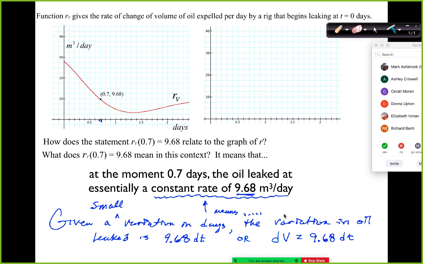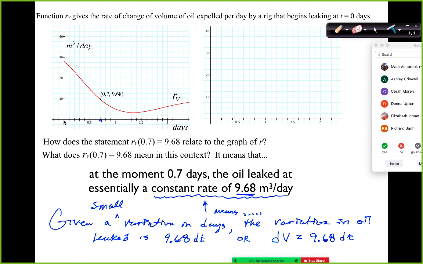So this tells us a lot more than how much oil leaks out in a day, which is kind of an irrelevant conclusion, right? Because the rate is constantly changing.